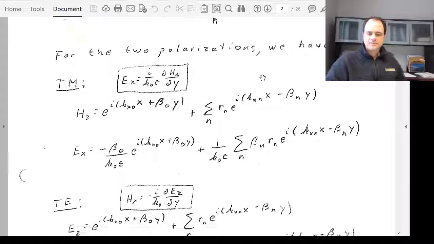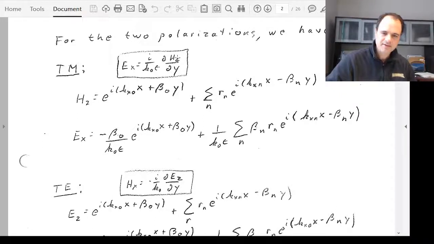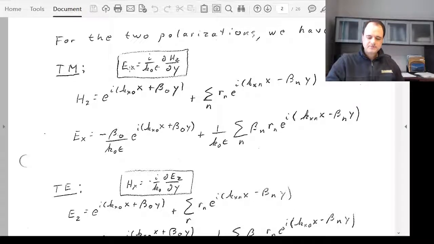So, the TM polarization. If you work through Maxwell's equations, you will be able to find a relationship between H sub Z and E sub X. That's what we will use in our expansion. In our field analysis, we will use only the H of Z component and the E of X component.